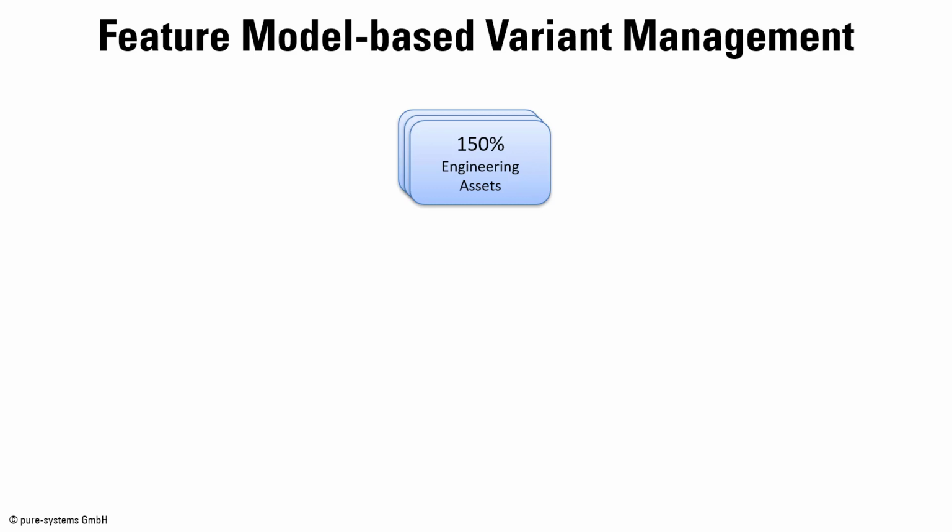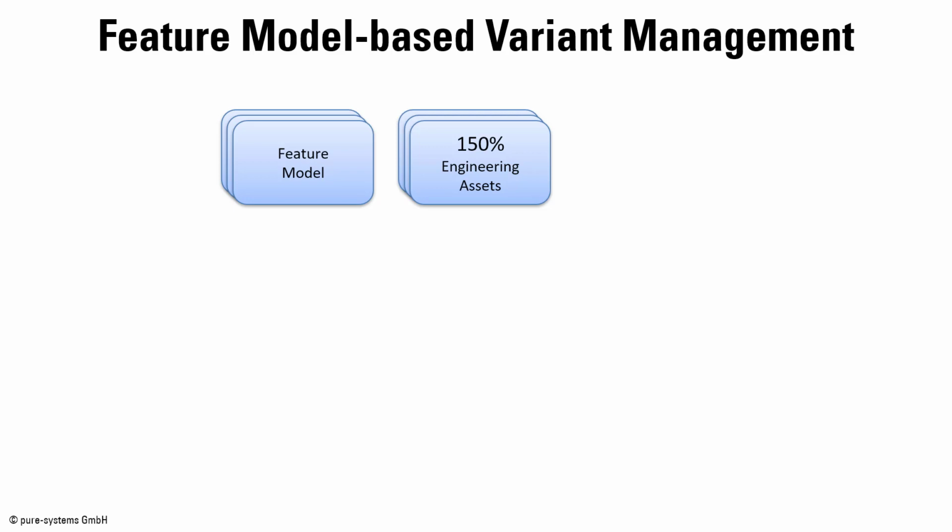And the variable part of your 150% architecture, that is connected to your features in a feature model. So that's the second concept pure variants makes use of, the concept of feature modeling. In a feature model, you basically hold the information on a more abstract level about what can vary between your product variants.